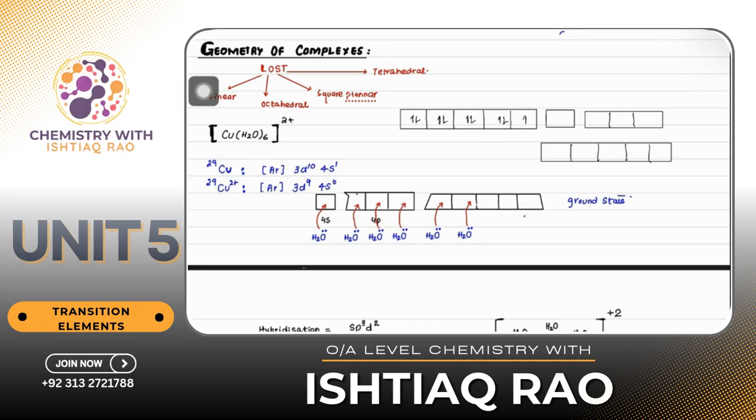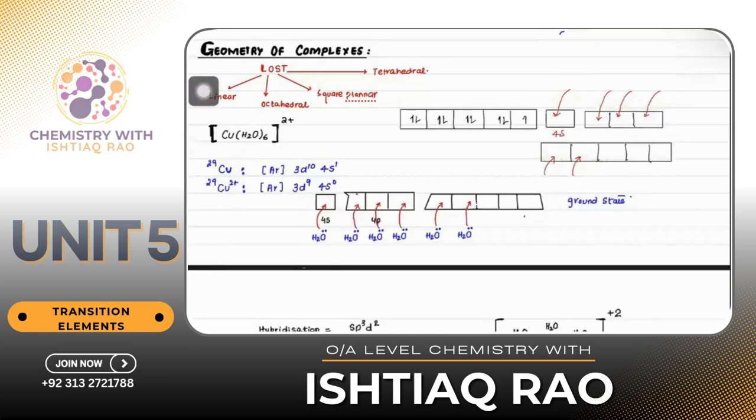right? So since water is a ligand, water can donate one lone pair of electrons. So water would be donating its whole pair of electrons to the 4s, and to these others, 1, 2, 3, 4, 5, 6.